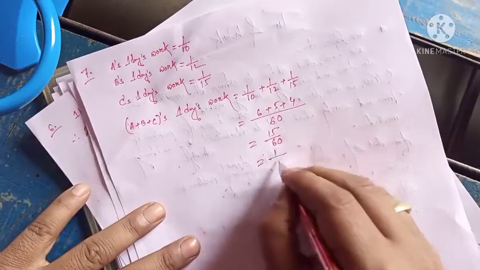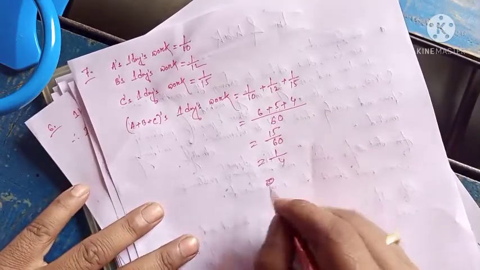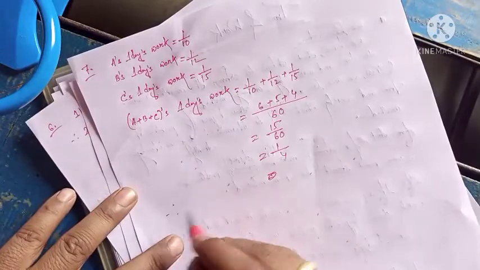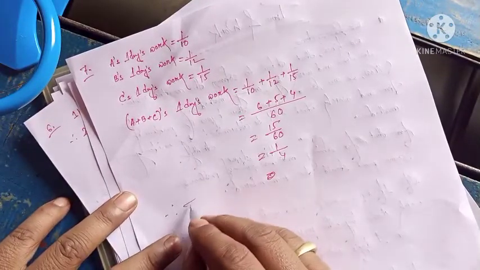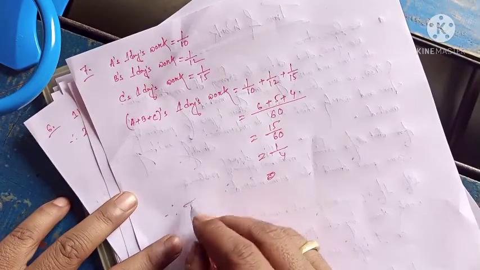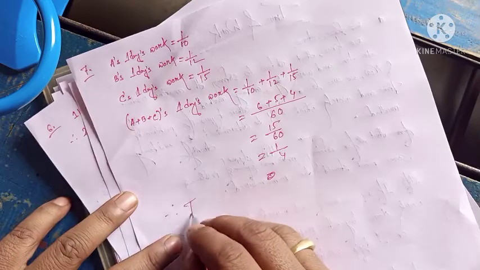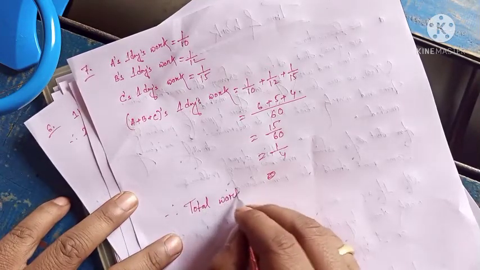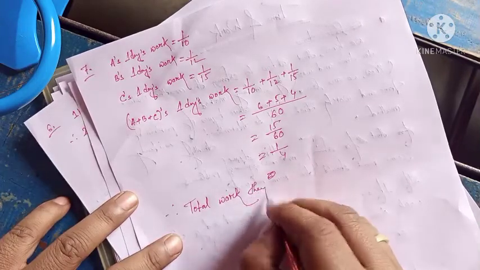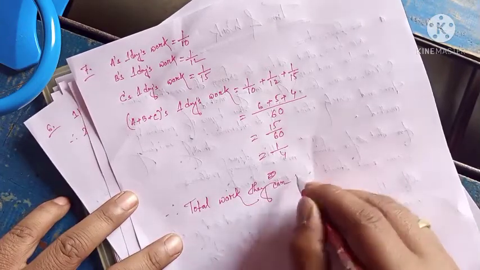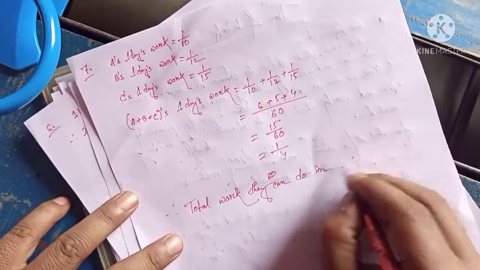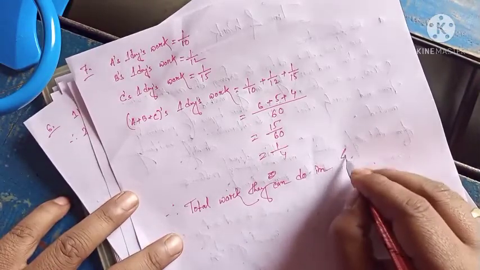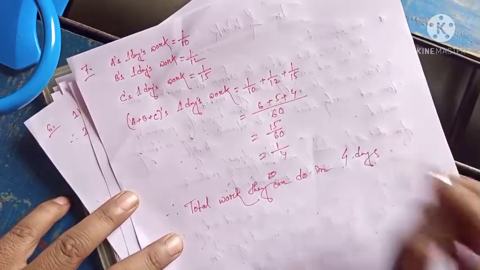That means 1 by 4. Therefore the total work they can do in 4 days.